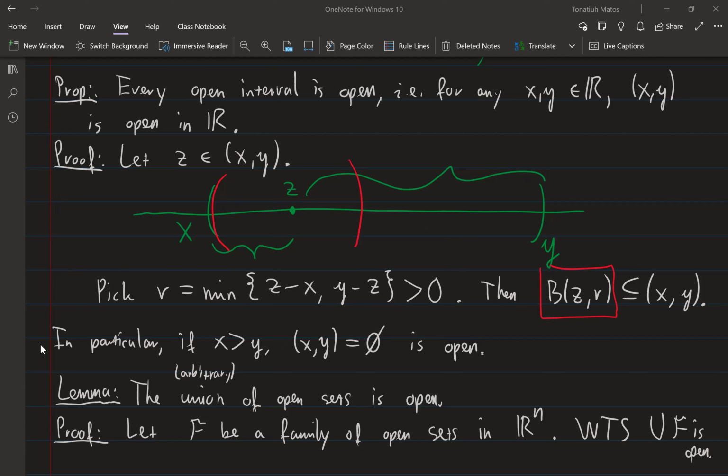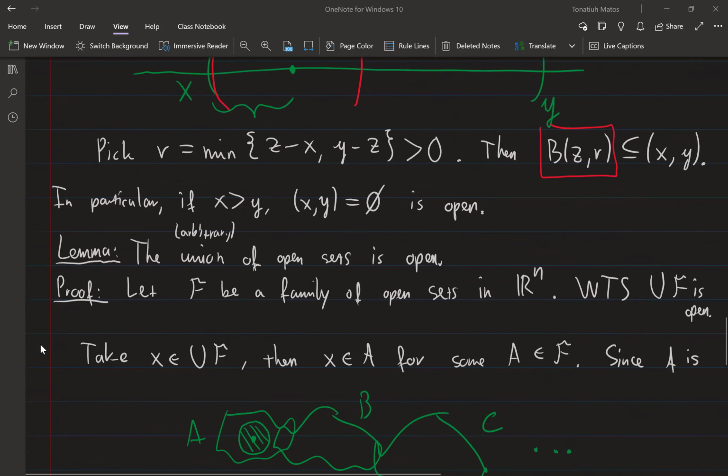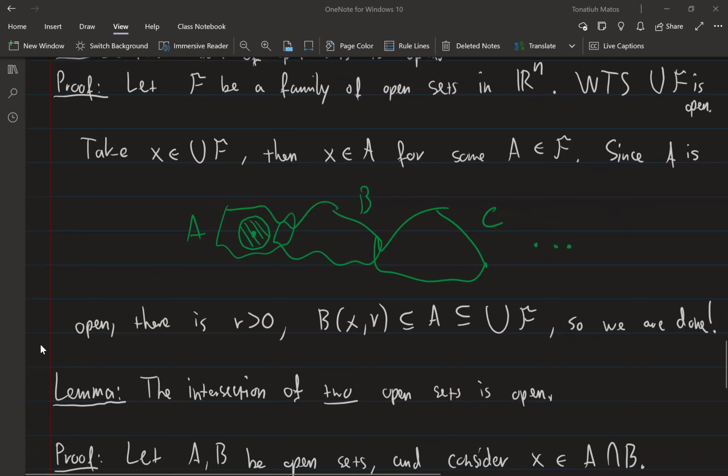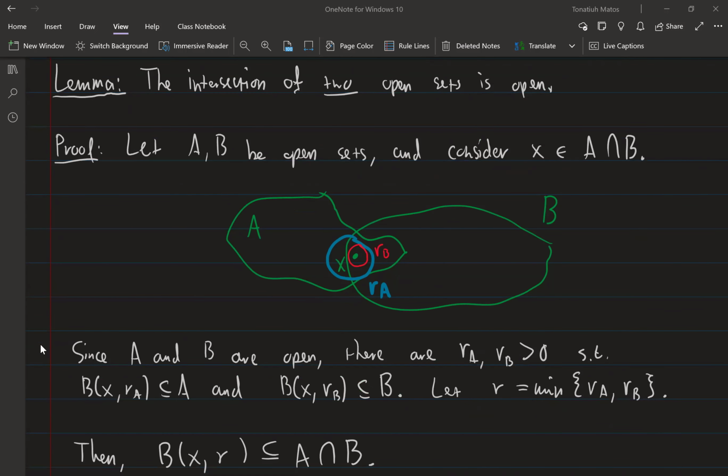I don't know why I did this just for the open intervals. Now that I look at it, the same idea would have worked for proving that open balls are open sets. So you can definitely do that as well. Two important properties about open sets that are useful to construct new open sets is that if you take any number of open sets and you glue them together, you take the union, you still get an open set. But for the intersection, you can only take a finite number of open sets.